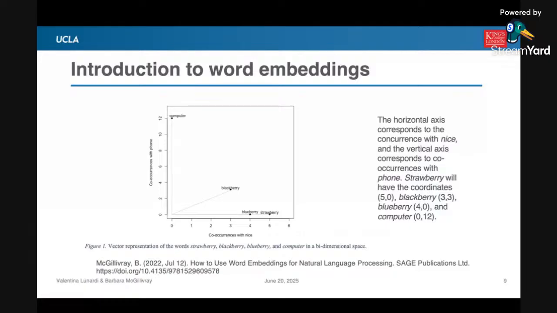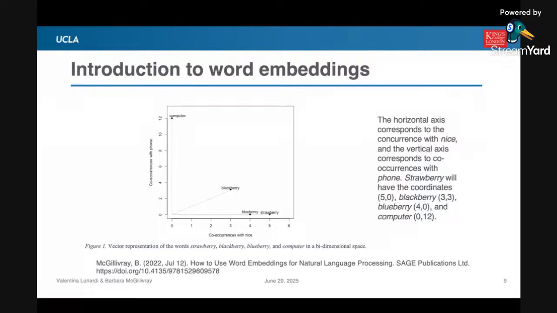And if you squish it down to 2 dimensions, and we're trying to represent the vectors for strawberry, blueberry, blackberry, and computer, this is what you would see. On the horizontal axis, you see the count for the co-occurrence with the words "nice", and the vertical axis corresponds to the co-occurrences with the word "phone". So as you can see, the vectors for blueberry and strawberry are quite close to each other, and they're very far from the vector for computer.